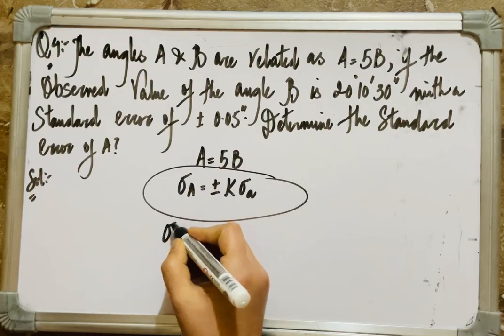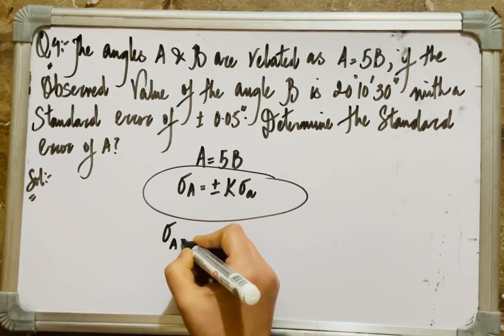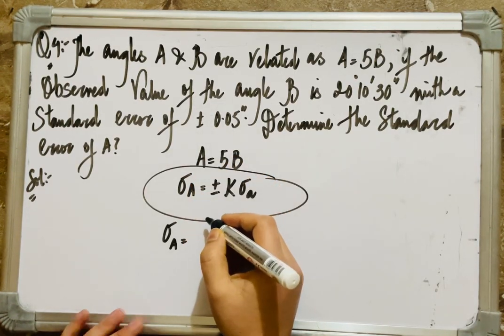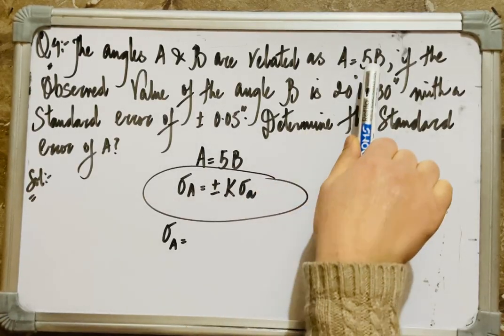So sigma A will be how much? The relation says that it is equal to the standard error of the observed quantity multiplied by the constant K. So my observed quantity has a standard error of this much, and I have to multiply it by the same constant by which they are related.